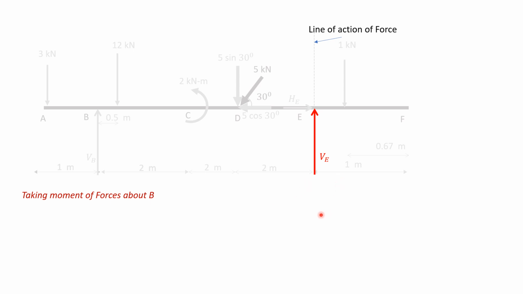Moment of VE about B: it has perpendicular distance of 6 meters and rotates about point B anti-clockwise, so minus VE into 6.